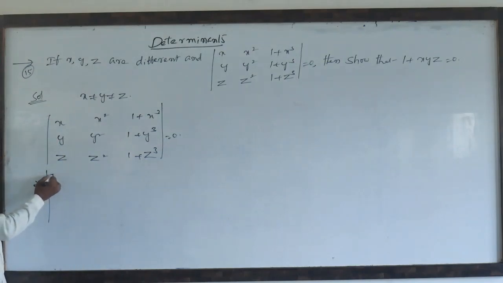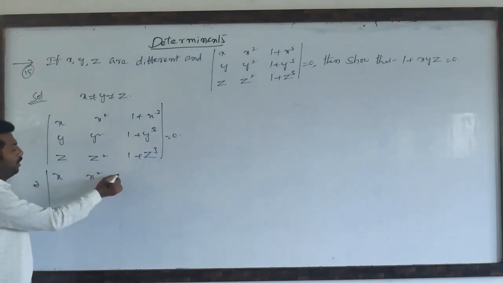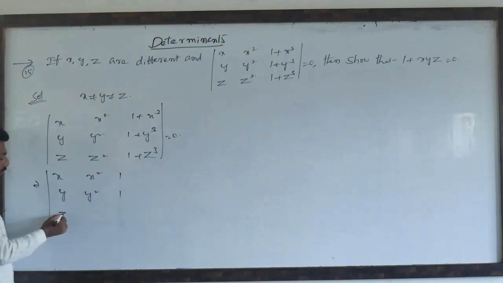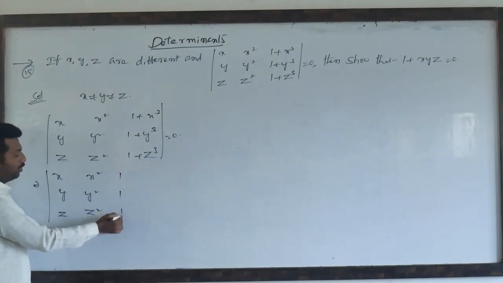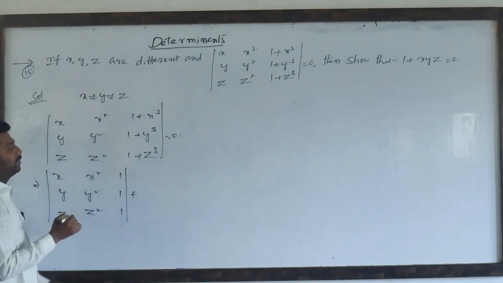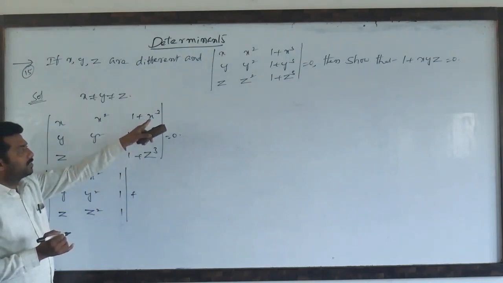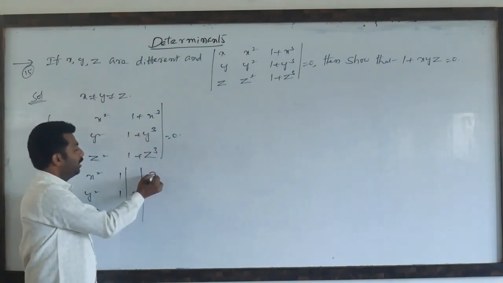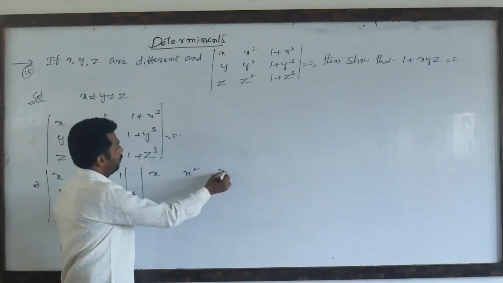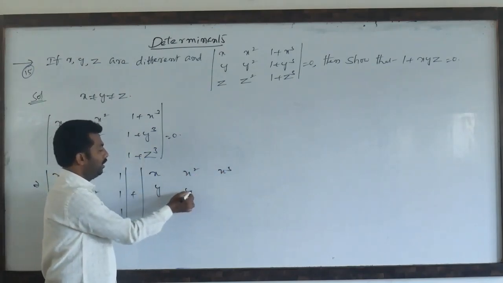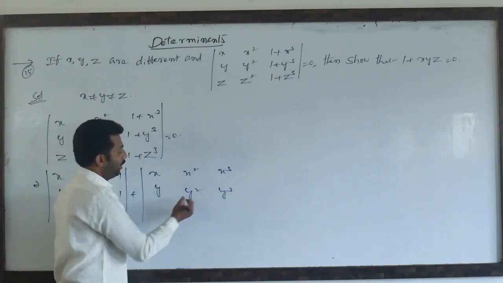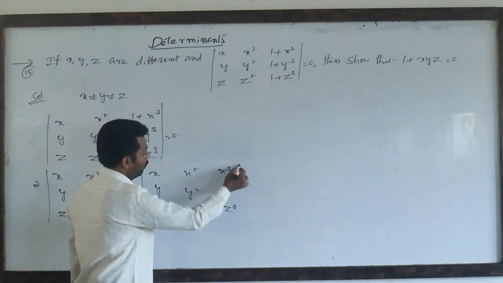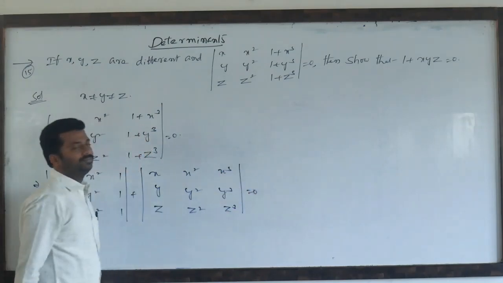You see here. x, x square, 1; y, y square, 1; z, z square, 1, plus the next determinant x cube, y cube, z cube, and x square, y square, z square, equal to 0.